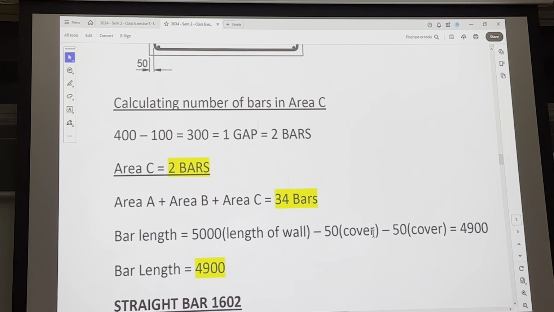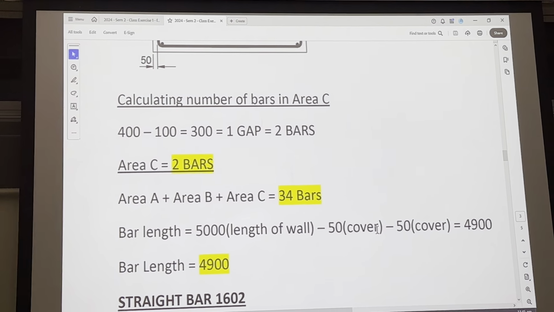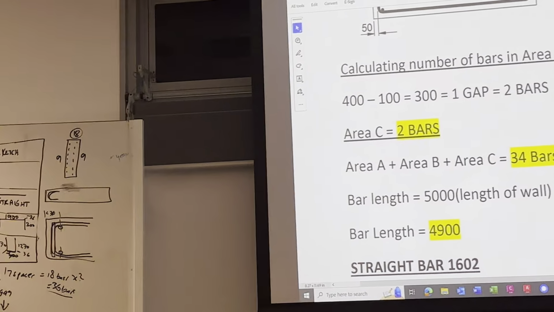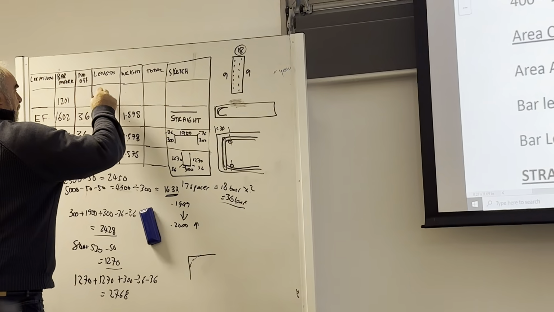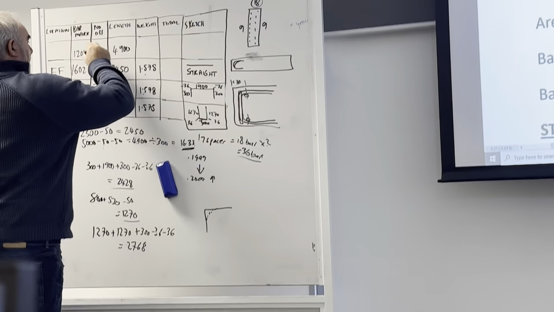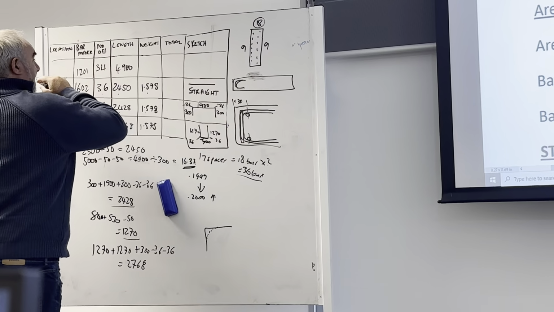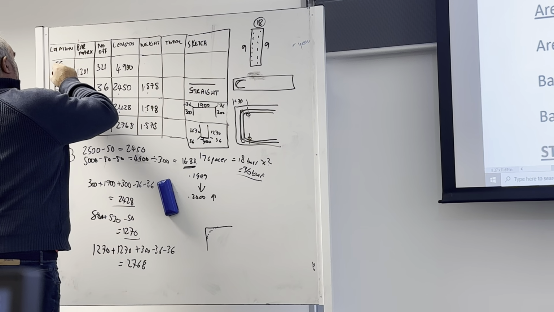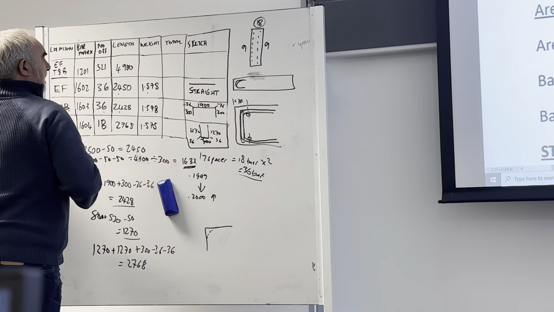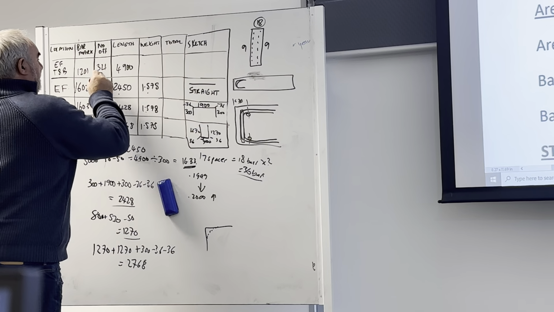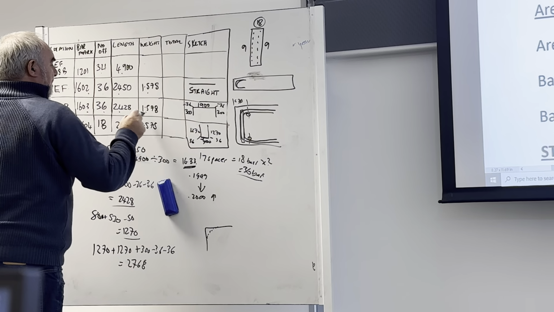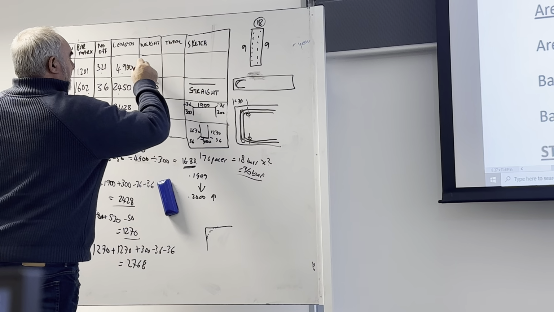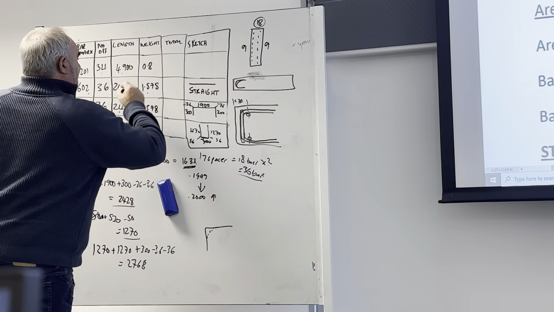The bar length itself is the whole length of the wall minus the cover, so 4,900. The number of is 34, and that is going to be each face, top and bottom. So all we need to do to complete this chart is to multiply everything out. The weight there is 0.8 something.